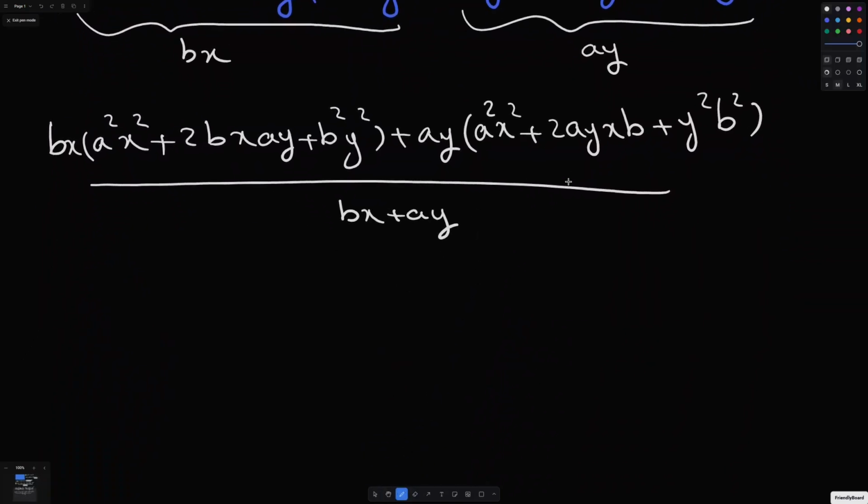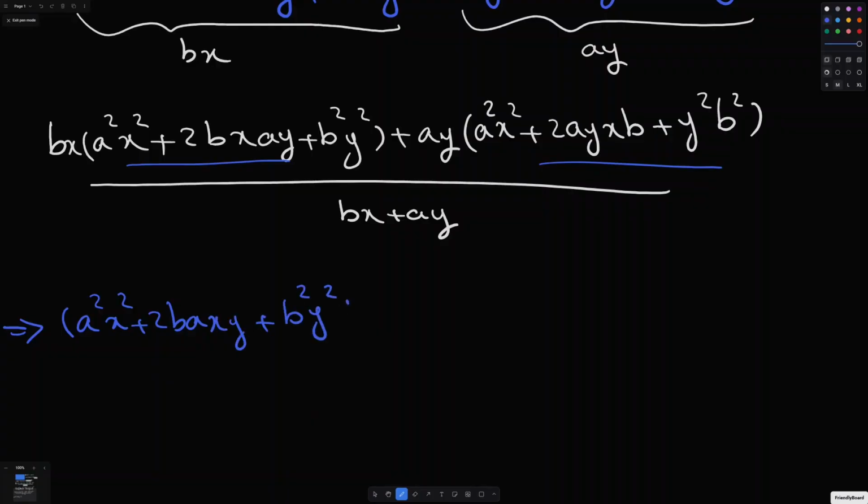Now we have this. So take a look at what we have right now. What is unique here? If you take a look, we actually have these two terms exactly like each other. These two terms are the same. So now I'm going to factor that one out as well. So what I'm going to get is this, r2 x2 plus 2b r xy plus b2 y2 multiplied by bx plus ry.